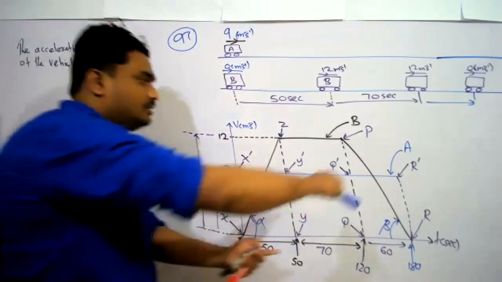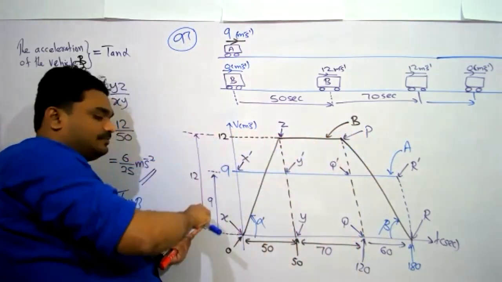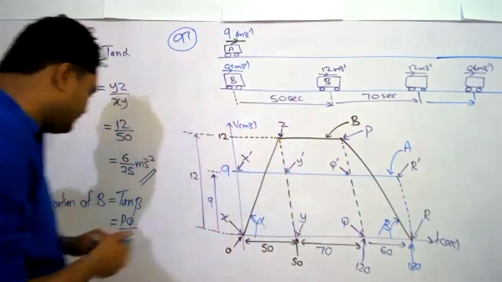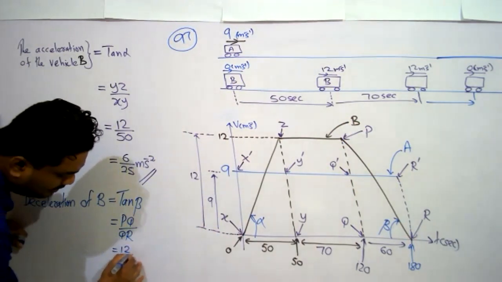PQ, you see this PQ height, just look at board. The PQ height is exactly 12. This is 12, right? So PQ is 12, QR is 60.